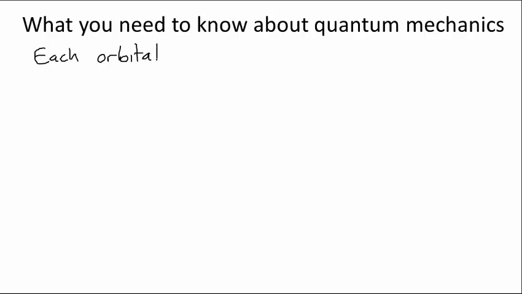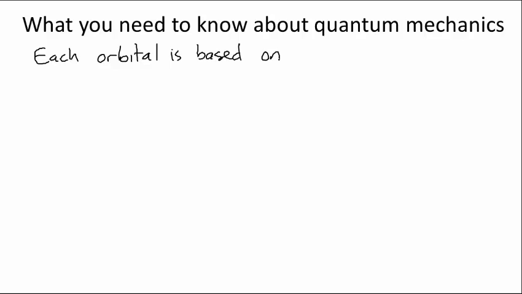So where does an orbital come from? What's it based on? Any idea?